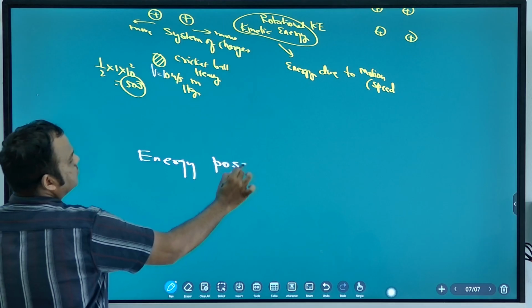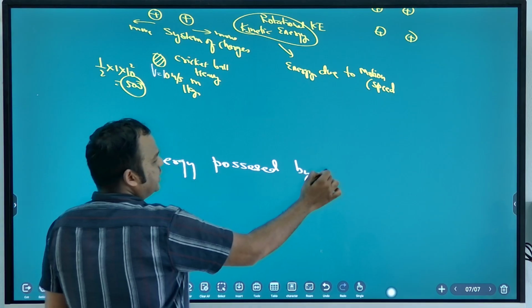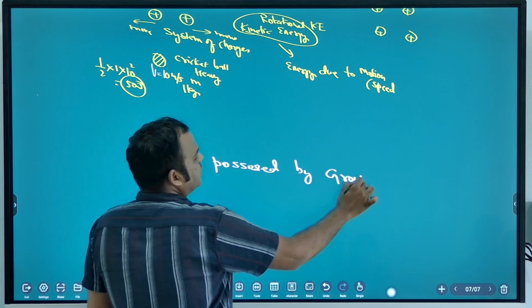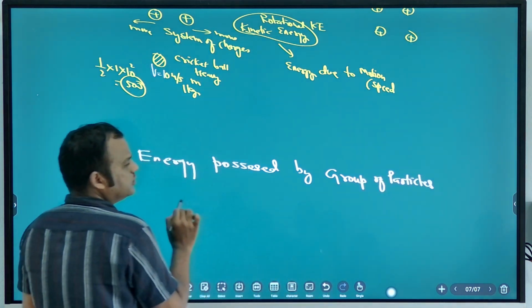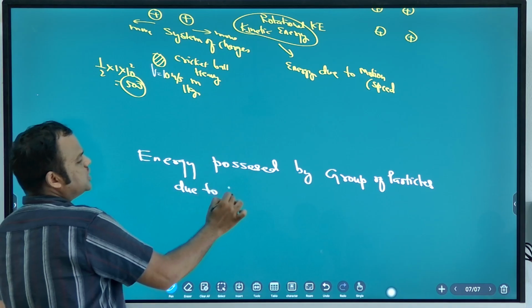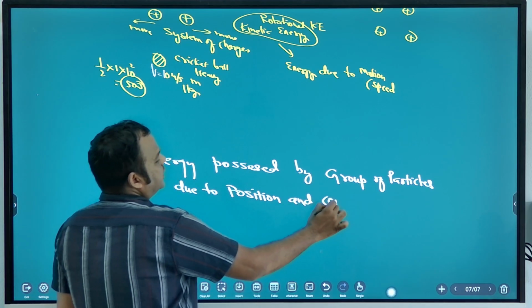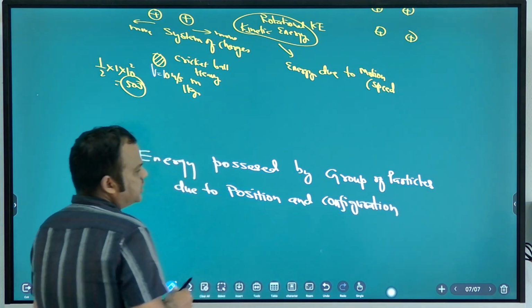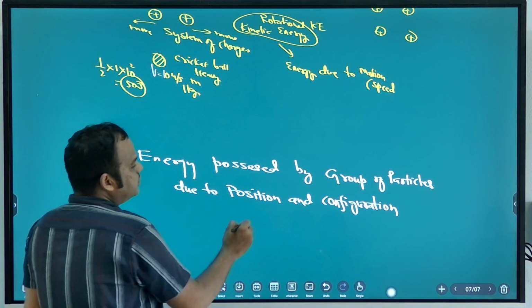Energy possessed by a group of particles due to position and configuration. Note down. So what is potential energy? Energy possessed by a group of particles due to position and configuration.